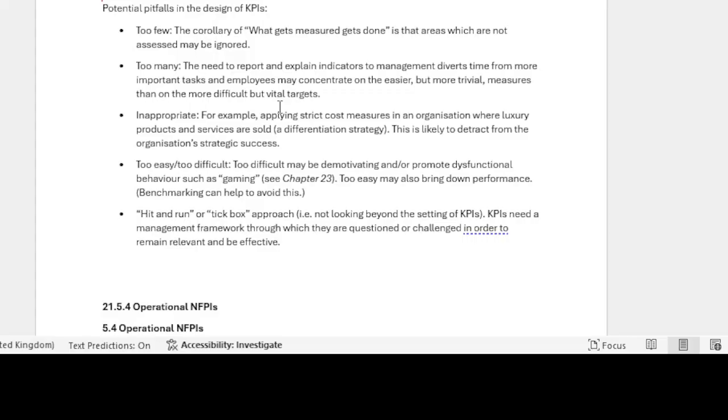So areas where you cannot measure, you will typically ignore them, and then you cannot achieve them. For example, you can say our key performance indicator is going to be profit. Profit is measurable, it's quantifiable. So other things like quality, which cannot be quantified, can easily be ignored.